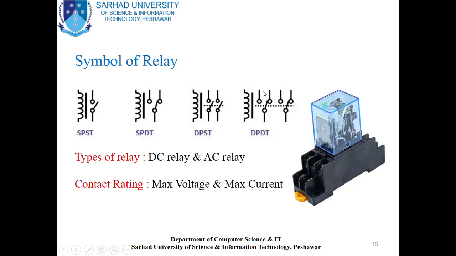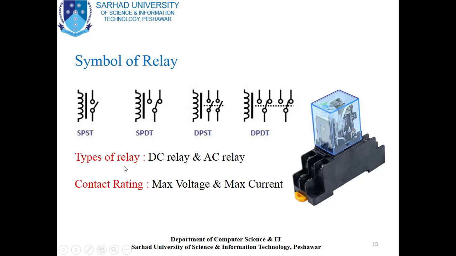This is also a symbol of relay in which double pole double throw action can occur. So these are the different types of relay symbols which can be used for electromagnetic relay switch.